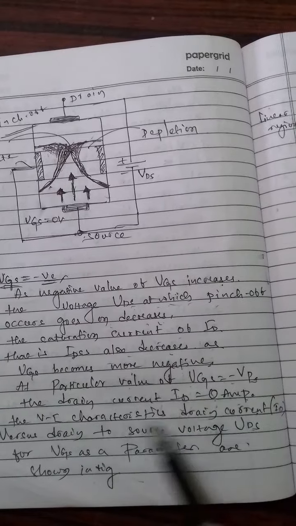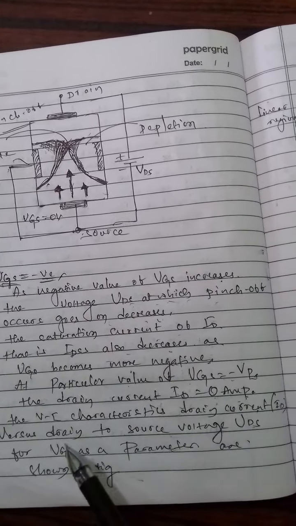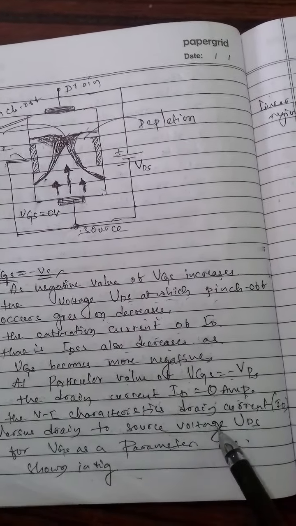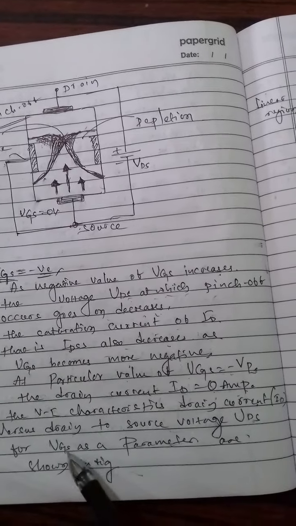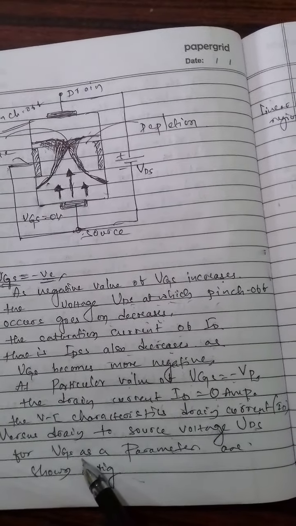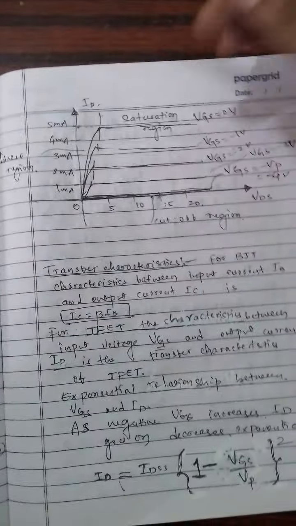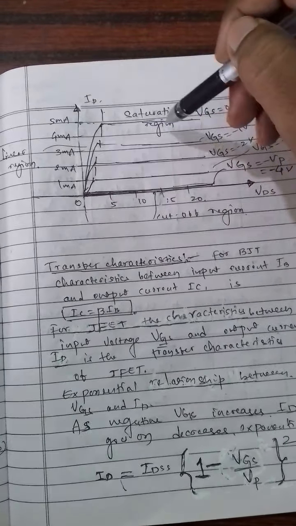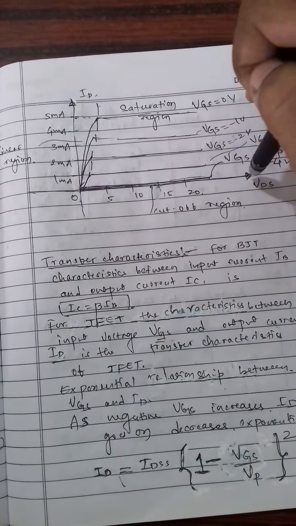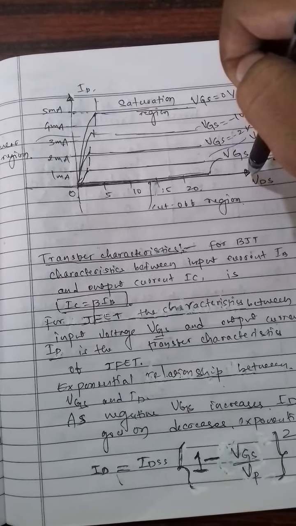That is the drain current versus the drain to source voltage for different values of VGS as a parameter, shown in the figures. Here are the VI characteristics of a JFET.